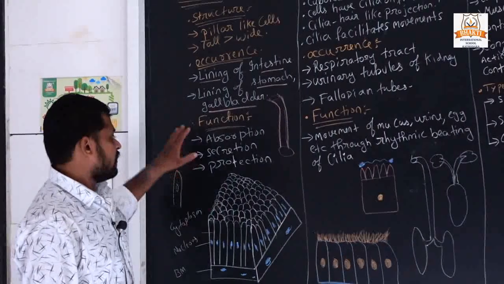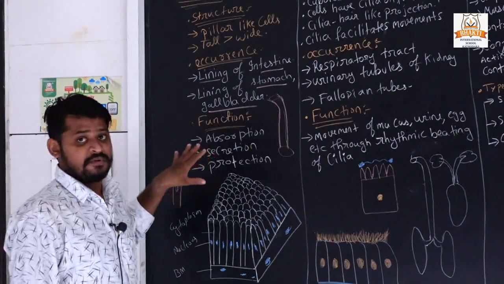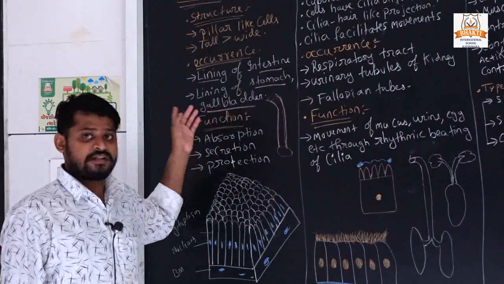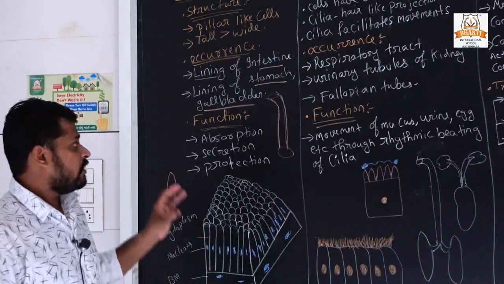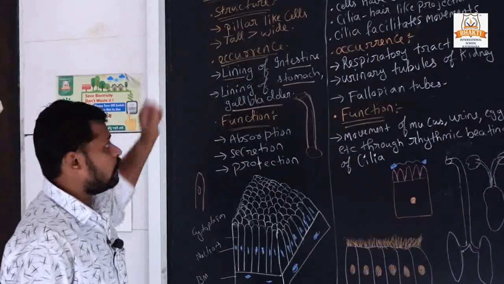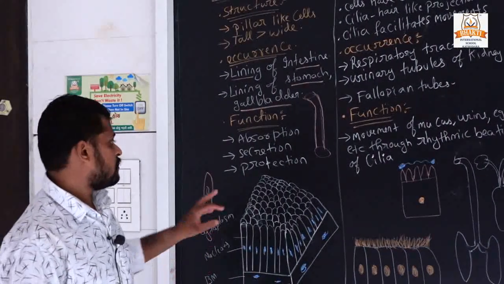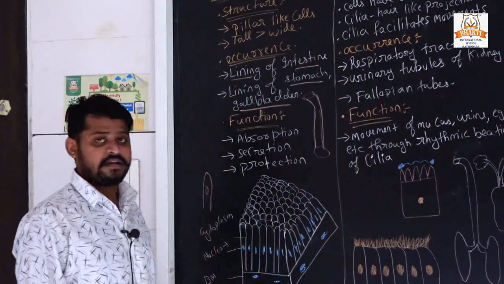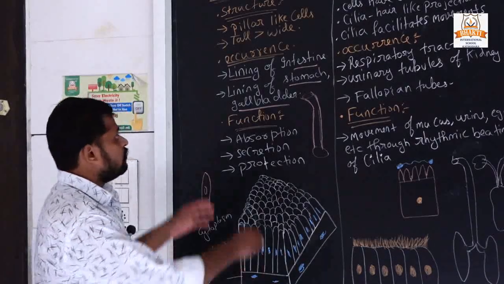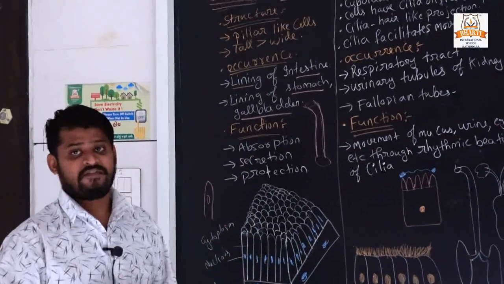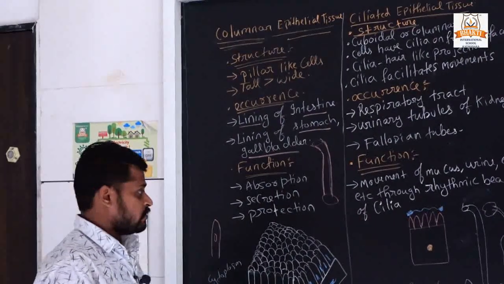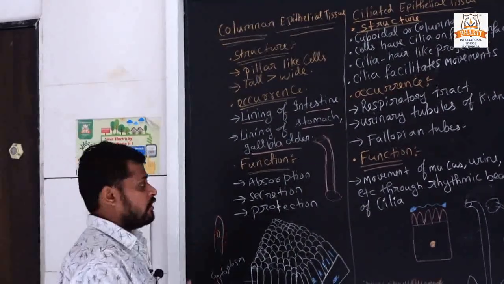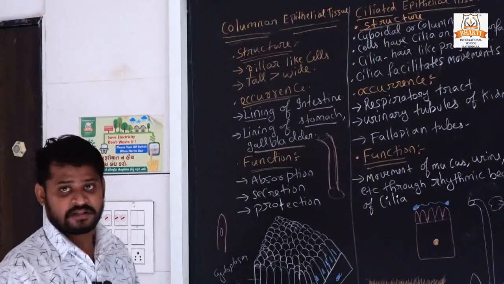We all know these three functions are performed by all the epithelial tissues we have studied, squamous, cuboidal and columnar. All have the same work: absorption, secretion and protection. So this is our third type of epithelial tissue, columnar epithelial tissue. I think you will understand what columnar epithelial tissue is.